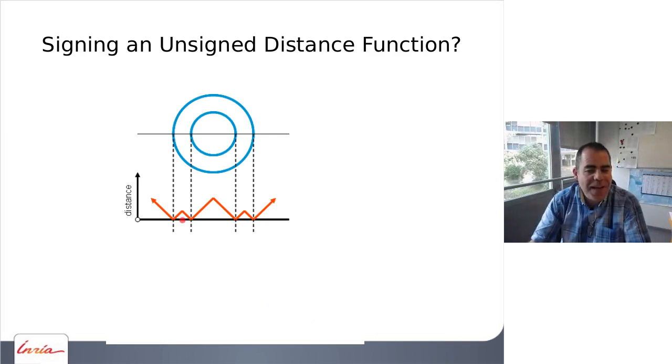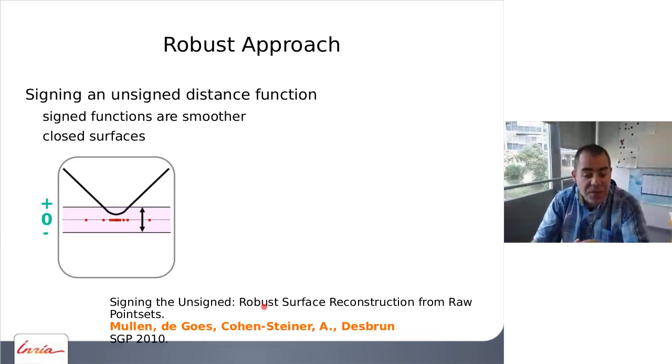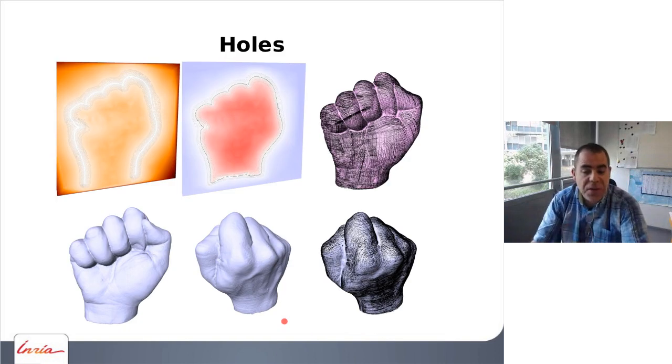Among all possible ways to sign this distance, the best way to do it is indeed to find the smoothest function, the one that is signed like that, and that eliminates all these bounces. If you go down, you go up, you have fewer bounces. So the best way to sign a distance function is to search for the smoothest function possible, and that is going to reconstruct the surface.